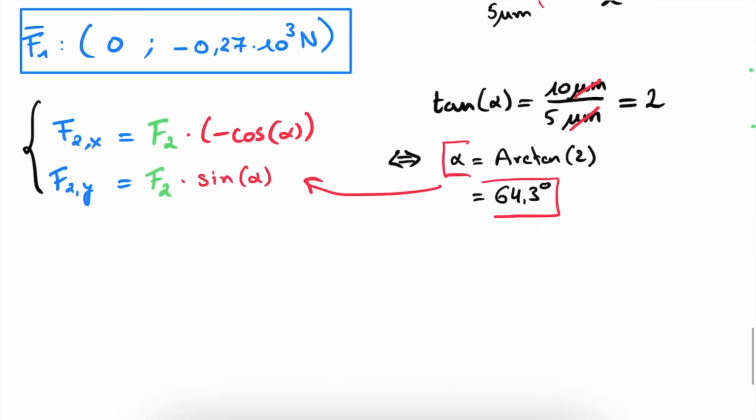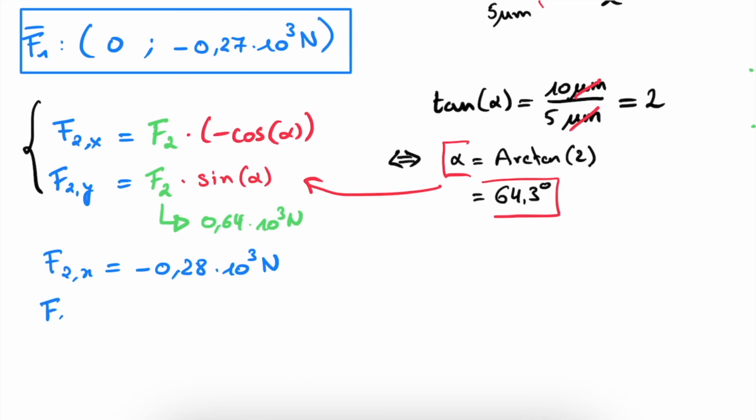Doing this, we find the following: that the x component F2x is equal to minus 0.28 times 10 to the power of 3 Newton. And for this, we use the fact that the magnitude of this vector we already calculated to be 0.64 times 10 to the power of 3 Newton.